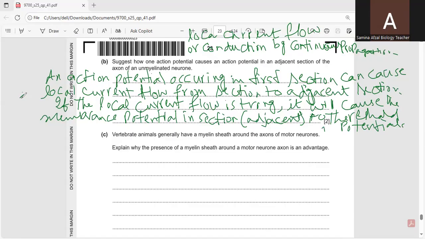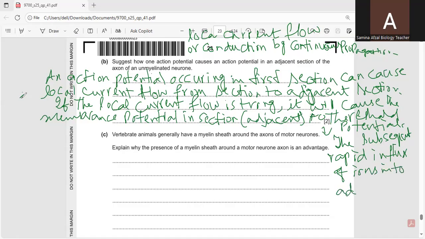So I would like to write over here: the subsequent rapid influx of ions into the adjacent section initiates a new action potential.